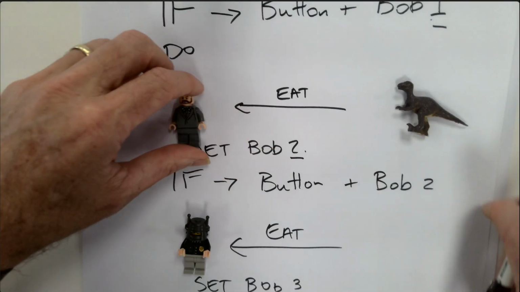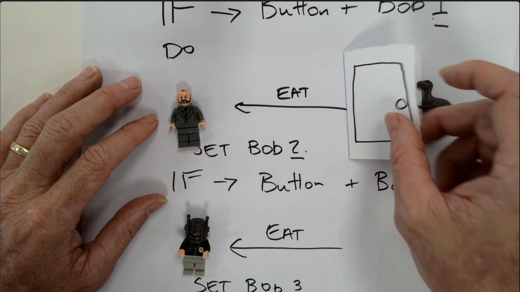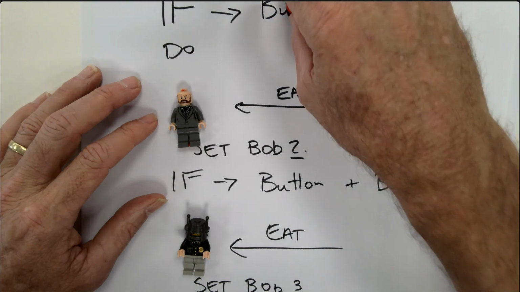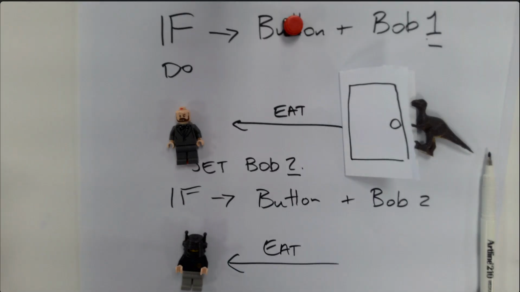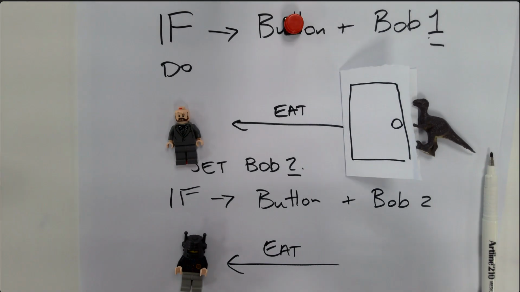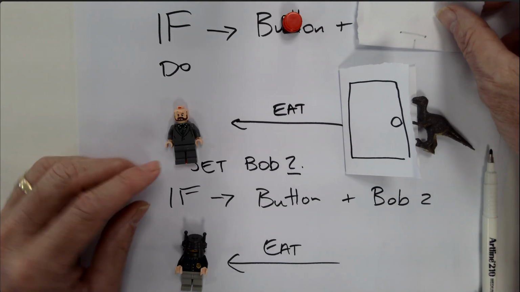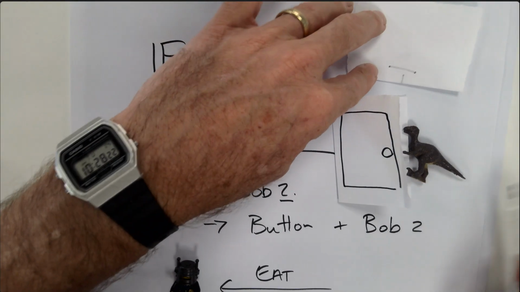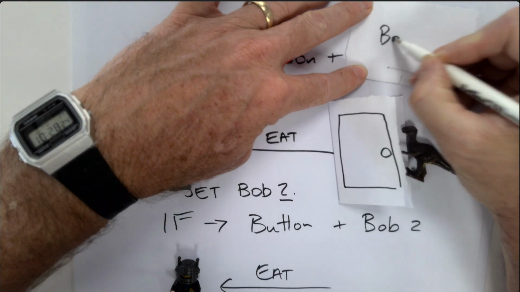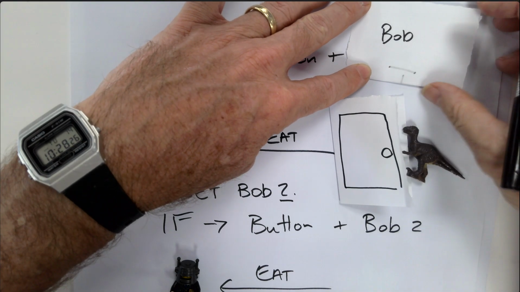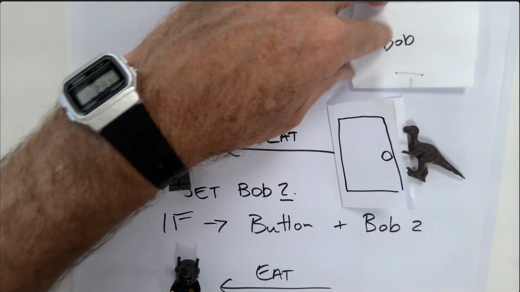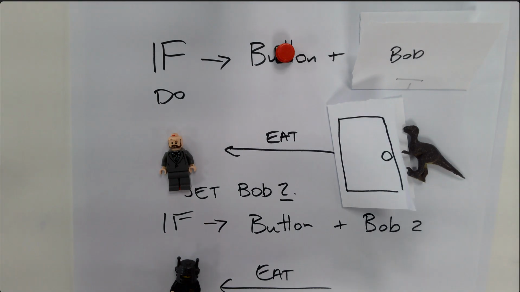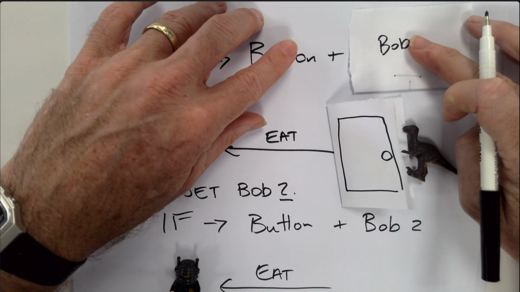Let's see if our code works. Remember, I've got a door here, you can't come through, and I've got my button here, and my number 1. First thing I'm going to do is set my envelope called Bob to have number 1 in it. Let's have a look, and yes, number 1 is in Bob. So I press the button, boop.